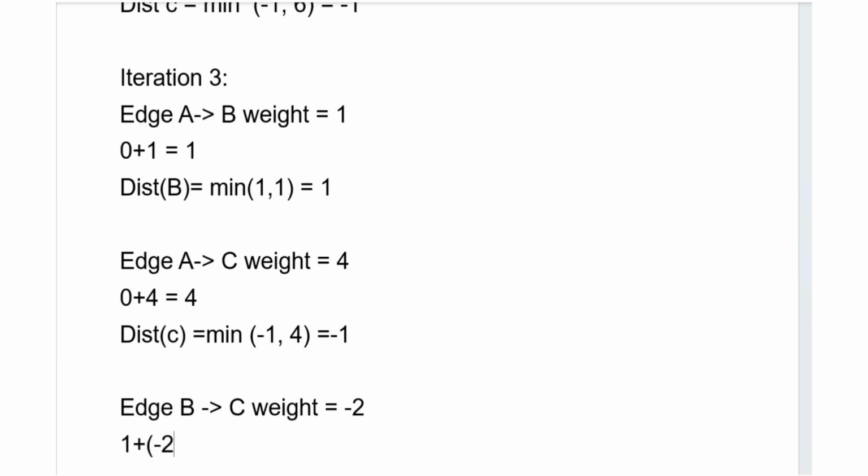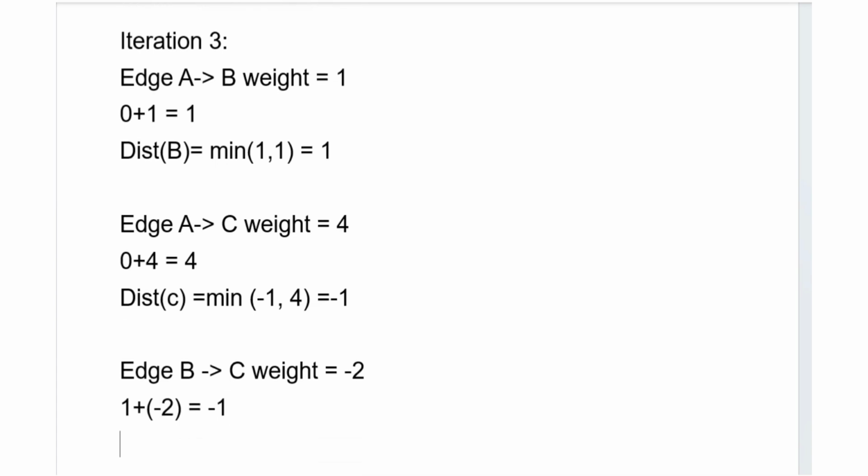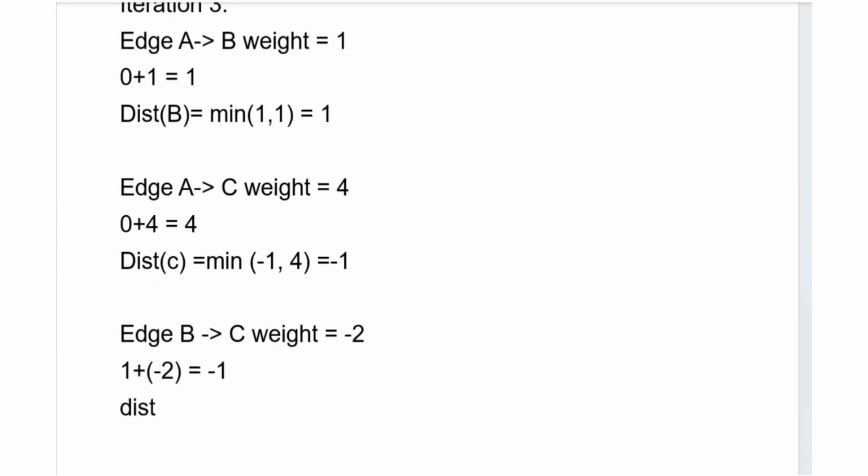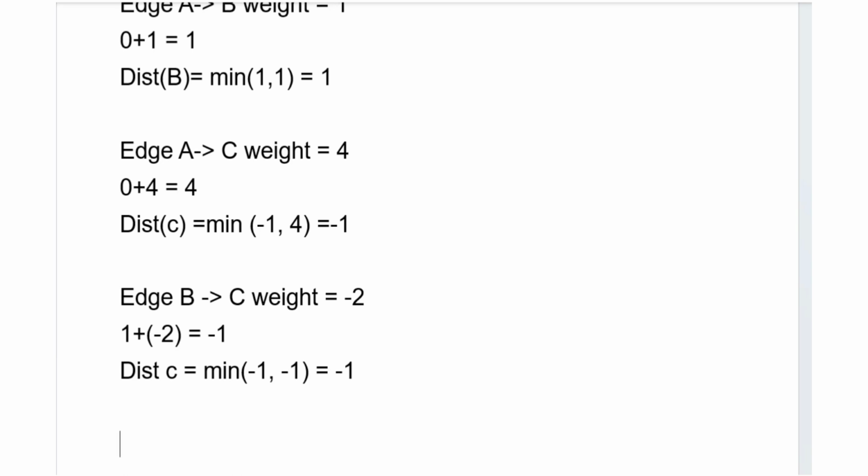Next, we need to take edge B to C. For B to C, the weight is minus 2. 1 plus minus 2 is equal to minus 1.